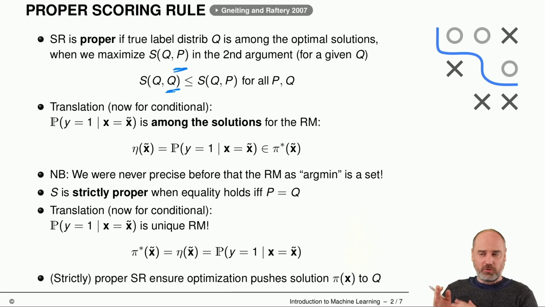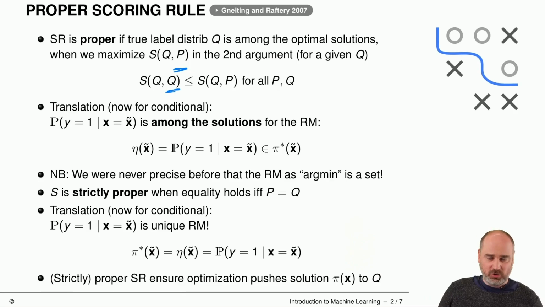And if this is true for all P and all Q, then I know that for a given Q, Q itself must be an optimal predictive distribution. It doesn't necessarily have to be unique. There can be other solutions, but the true label distribution optimizes my scoring rule.